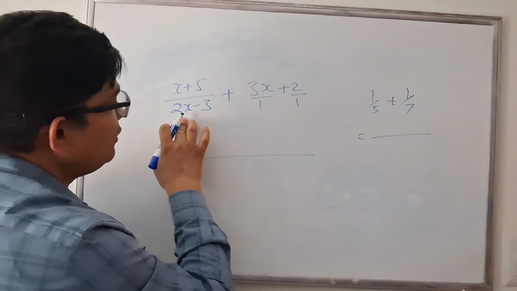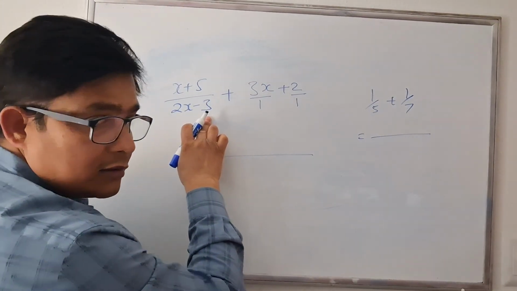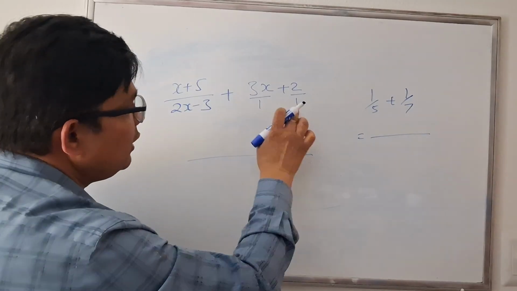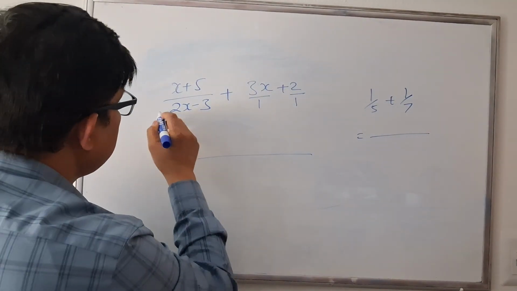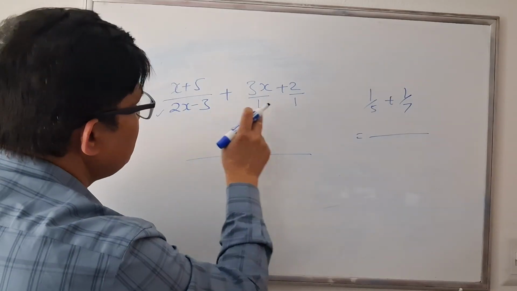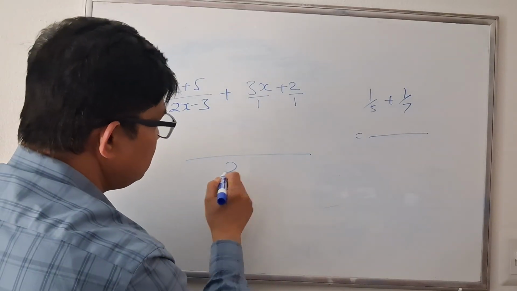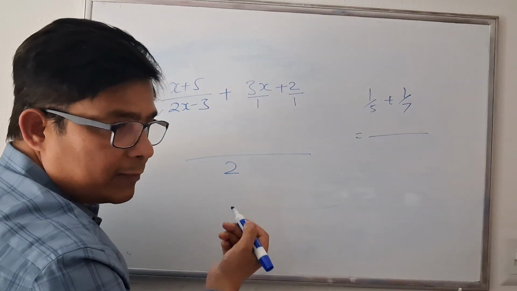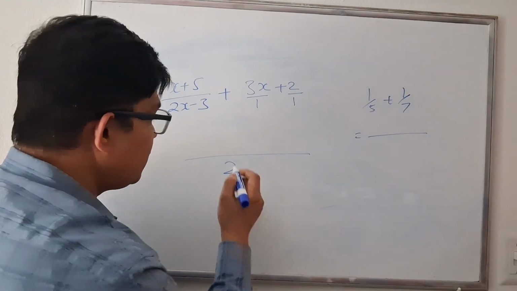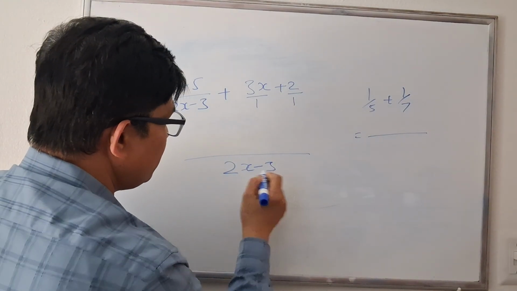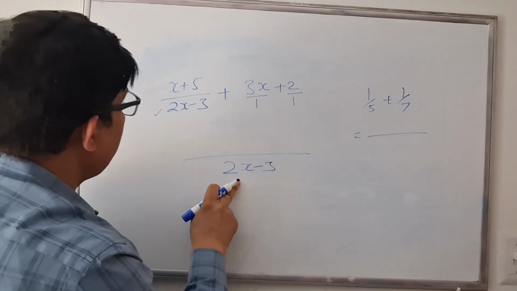Similarly here, 2x minus 3, 1 and 1. No common divisor, so you just use 2x minus 3 times 1, which is the same. If we multiply 1 with any number, the result is that particular number. So 2x minus 3. Okay, this is your LCM.